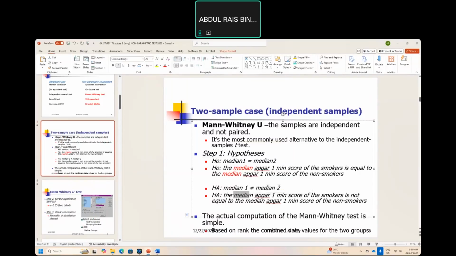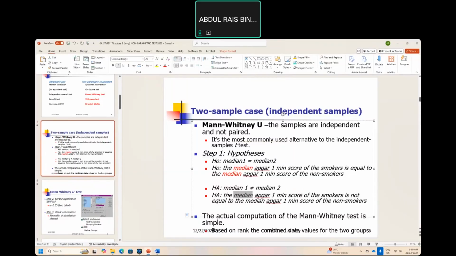We predict there is a significant difference, meaning the median score of smokers is not equal to the median score of non-smokers, meaning there will be a significant difference in the median between group A and group B, right? Okay, if it's too technical, sebab ada median and tiba-tiba mean score, guna prinsip ni sajalah saya beritahu.